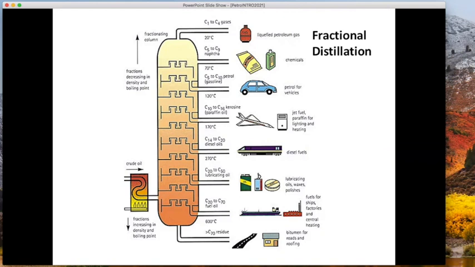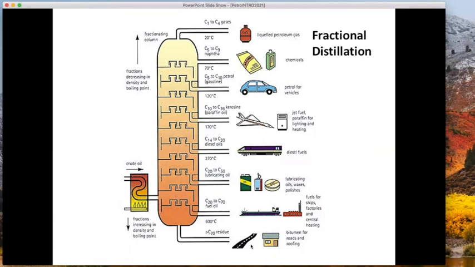Now you might remember this concept from chemistry. Distillation, if you distill something, you're heating it up and separating it. We can distill water and get all the impurities out of it. So fractional means we're doing it in chunks so that we can take the hydrocarbons out one at a time. So in these tubes, once again, they heat up the crude oil and things have different boiling points.